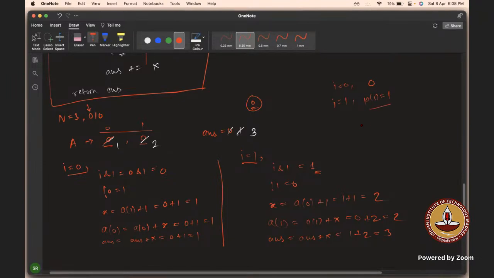Then, as you remember, what we're doing is appending this particular element to all those subsequences before, right? So 0 was a subsequence before. So we'll append 1 to it, right? And 1 would also be a single subsequence, right? So that is why we get 2 over here, right?